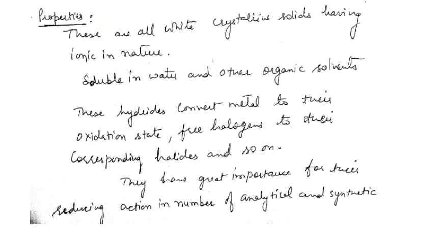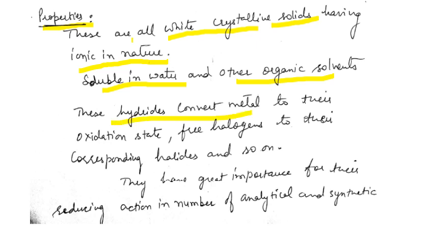Now, what are the properties of these alkali metal borohydrides? They are all white crystalline solids with ionic nature. Lithium borohydride or sodium borohydride, they all have ionic nature, meaning an ionic bond is formed, and they are soluble in water and other organic solvents.